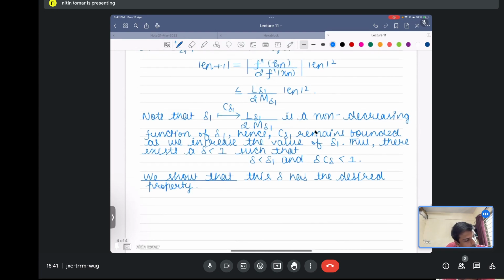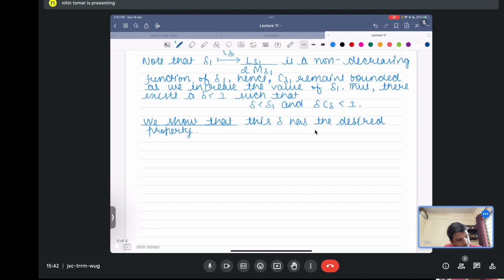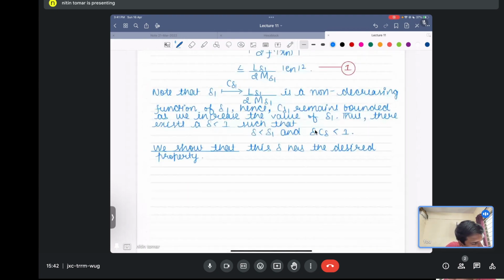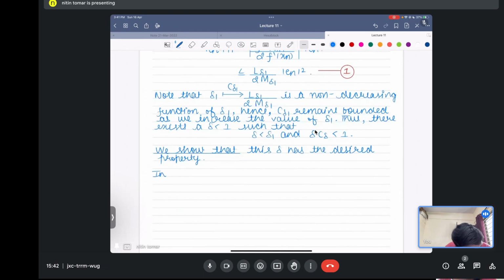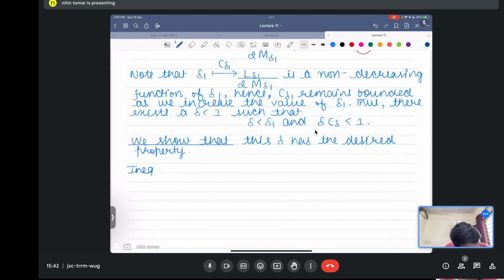So we have inequality here. Let this inequality be 1. So what does it read? So inequality in 1 shows that mod of e n plus 1 is less than c delta mod of e n square.